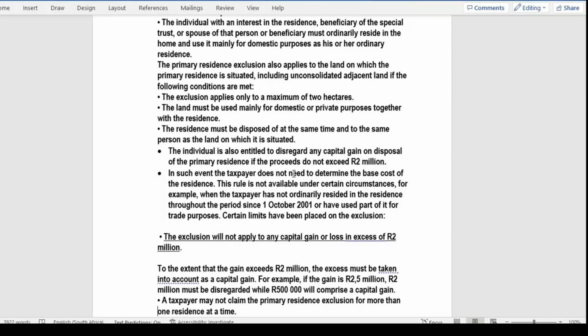For example, when the taxpayer has not ordinarily resided in the residence throughout the period since the 1st of October 2001 and has used part of it for trade purposes, certain claims have to be placed on that exclusion. So all you have to do is determine, in terms of the taxpayer, whether they reside in that asset as a primary residence or use it for business purposes.